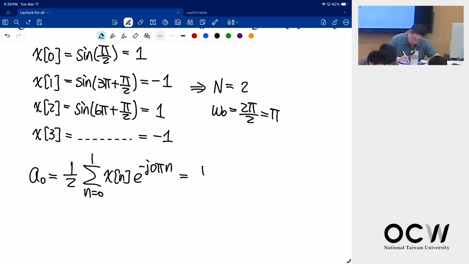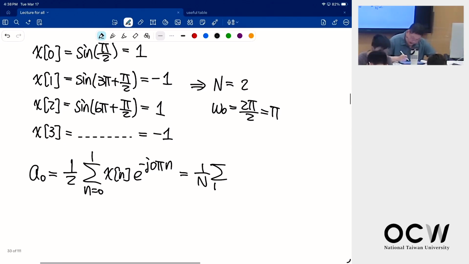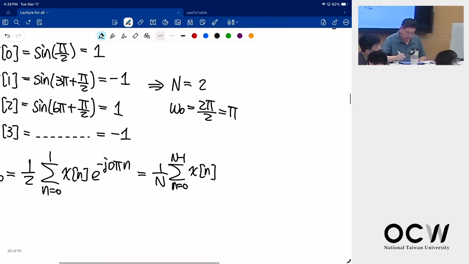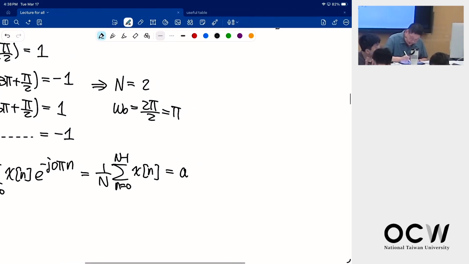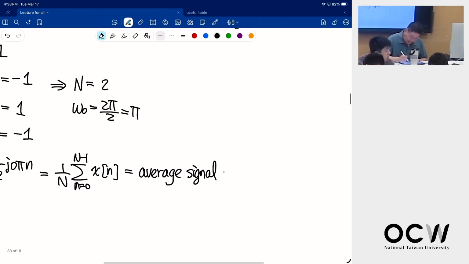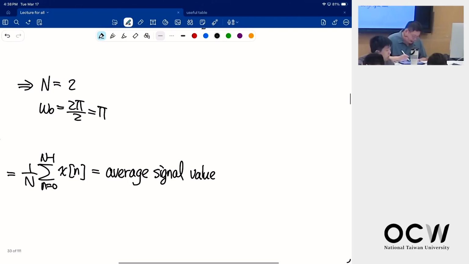So that is 1 over N, doing the average, from 0 to N minus 1 of x[n]. So this is the average of the signal over 1 period.